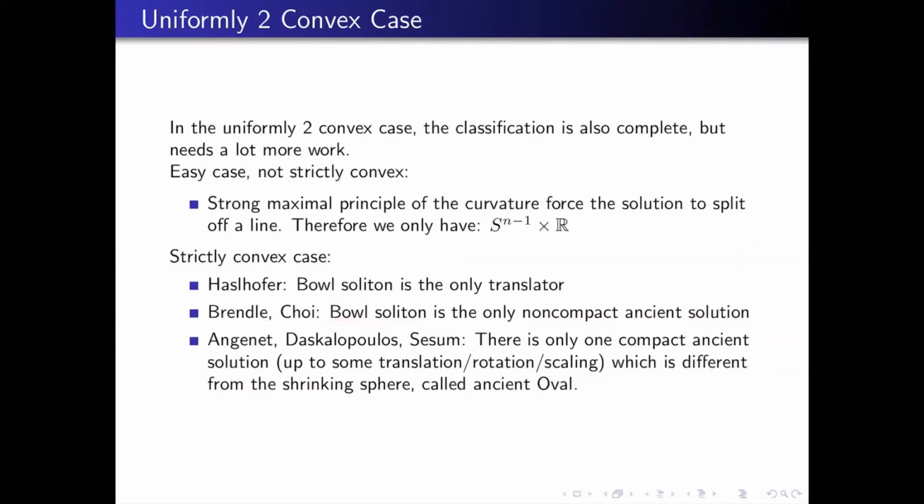Finally, there is the work of Angenent, Daskalopoulos, and Sesum, which says that the compact solution is also unique other than the shrinking sphere. This unique solution is called the ancient oval. Of course, the uniqueness is up to translation, rotation, and rescaling.